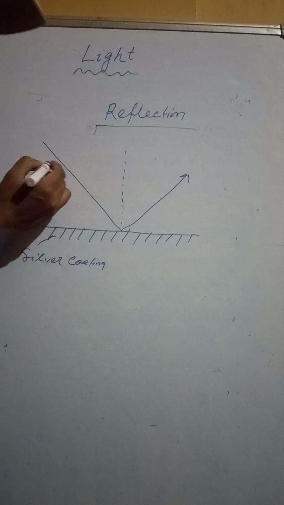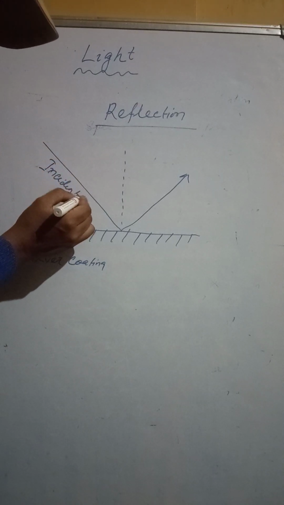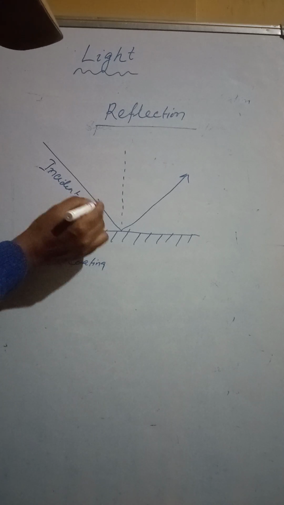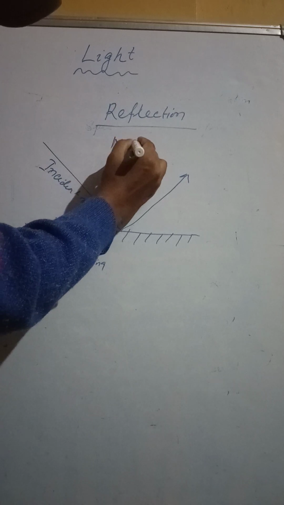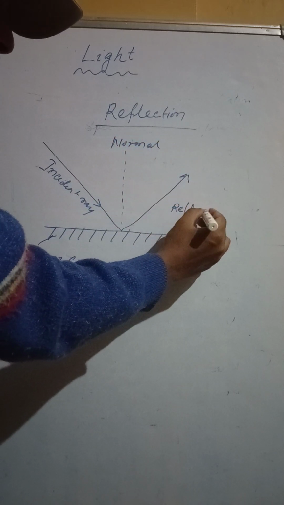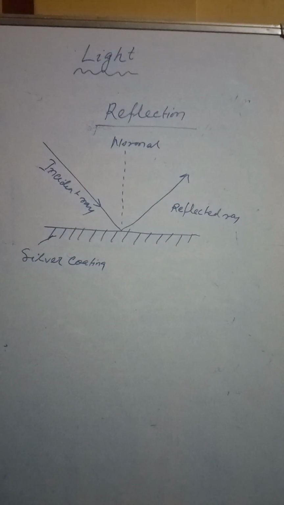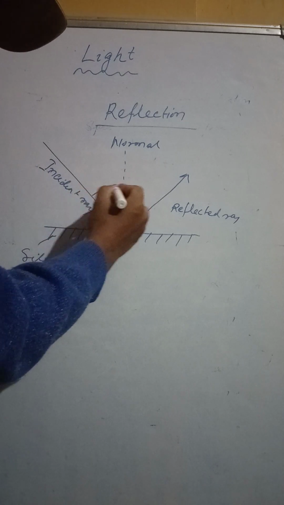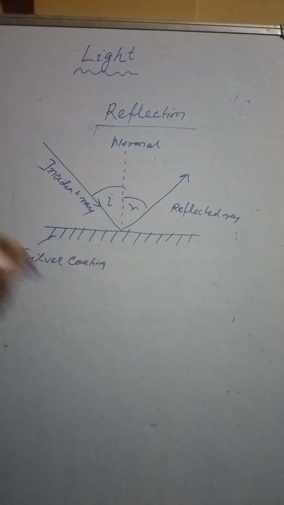So this is the incident ray, this is the normal, this is the reflected ray, this is angle I, this is angle R.